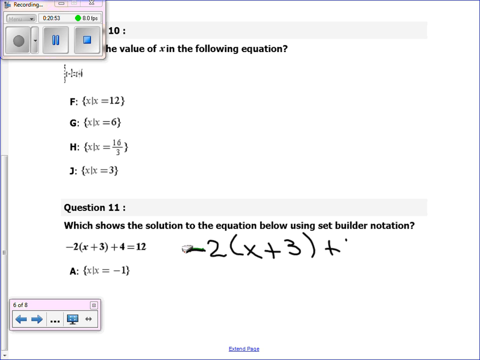And the funny thing about multiple choice, we know the mistakes that you're going to make, and those mistakes will actually be one of the answer choices. So the common mistake for this one is a student not distributing this negative through. So just make sure you do that. Now I'm going to do negative 2 times x, which is negative 2x, negative 2 times positive 3, which is negative 6.